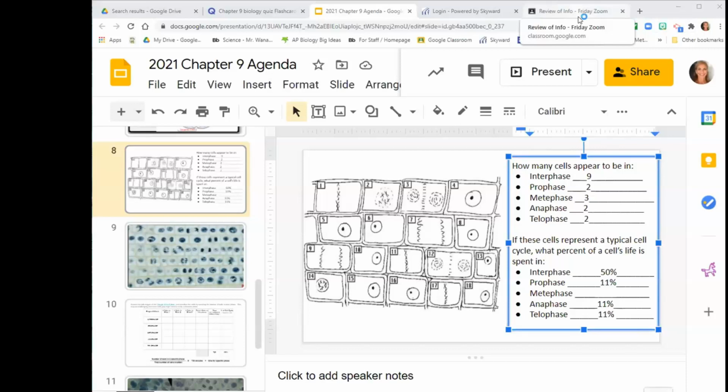Okay, I'm just going to do it on my calculator. It sounds high to me. So I'm doing 3 divided by 18, because there's 3 cells in metaphase and there's 18 total cells. And I got 16.7, so I'm going to round that off at 17%. So divide by the total number of cells, which in this case is 18.